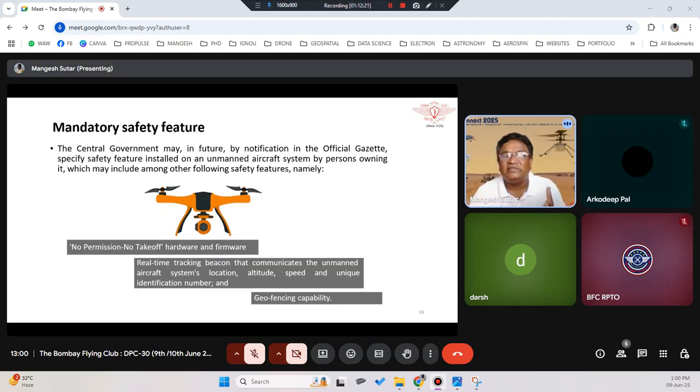I came to know of this only recently, and I asked him what the reason was why they were not allowing thermal, what harm it would cause to the flying operations of the aircraft. You should have asked them, but he didn't query about it. Even I am not aware as of now why they stopped the thermal drone from Dubai to Mumbai.